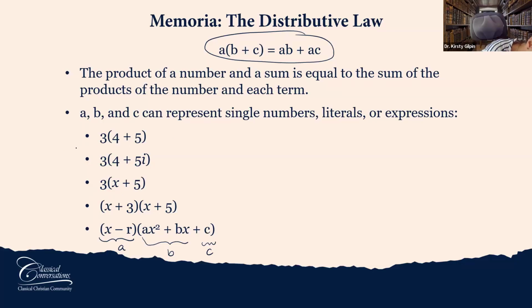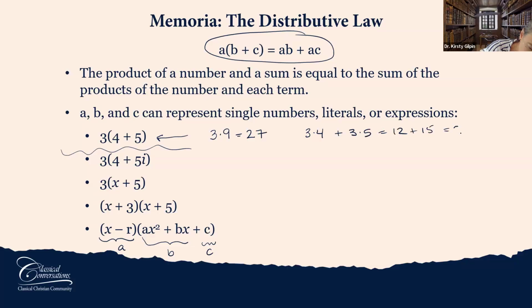Now, I want to point out that everything below that squiggly line is where the distributive law is really helpful, because I cannot add within my parentheses. Here, I can. If I was looking at my order of operations, most of us would say this is the same thing as 3 times 9, which is 27. You're going to see that Lee practices this a lot so that students see that 3 times 4 plus 3 times 5 is 12 plus 15 is 27, which demonstrates the truth.